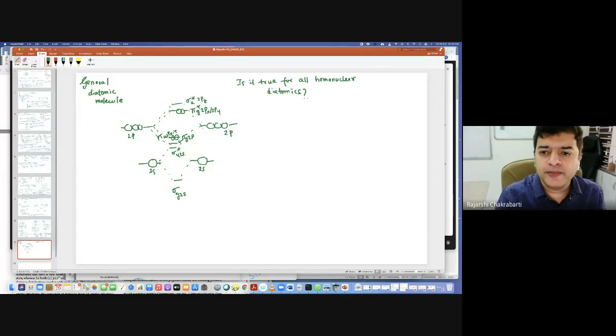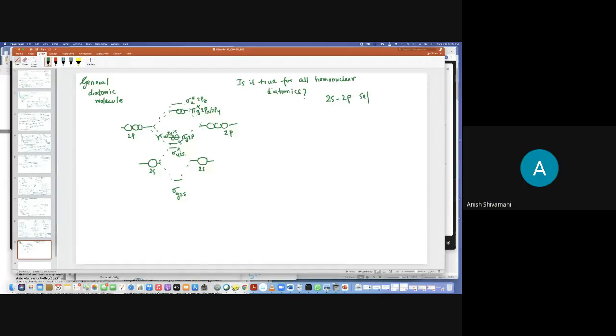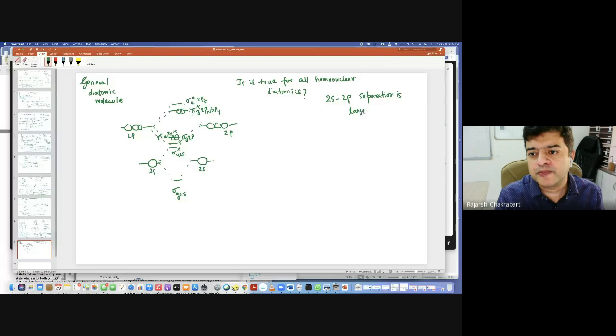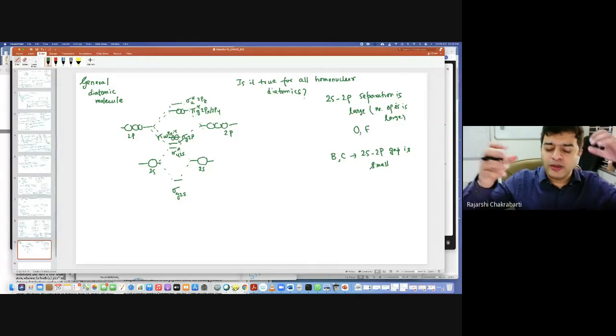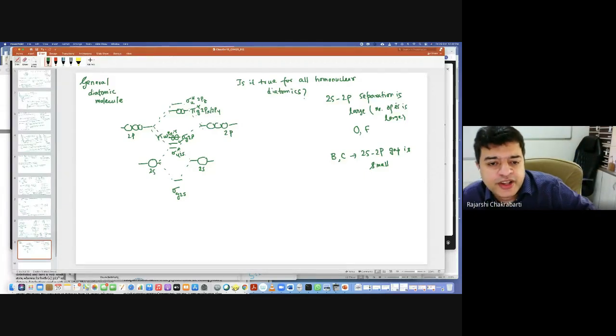Now, this is true when the 2s 2p separation is large, and this is for when the number of electrons is large, like oxygen, fluorine. But if you go to boron, carbon, the 2s 2p gap is small. And then what will happen in that case? I've already discussed that. So 2s and 2p will mix and they'll interact.